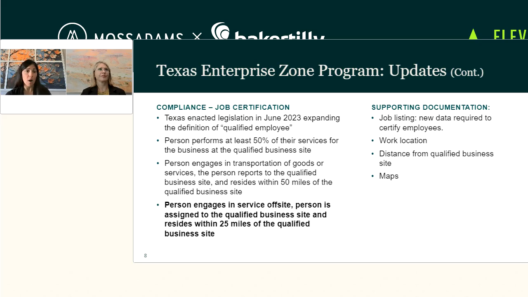We'll move to our second polling question, and that is, when was the Texas Enterprise Zone online portal implemented? Is that A, September 2024, B, June 2023, C, May 2025, or D, none of the above? Again, we'll give everybody a few minutes to respond and answer the question.